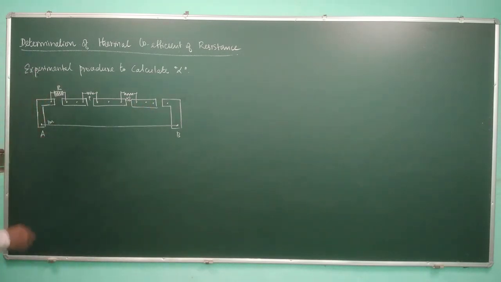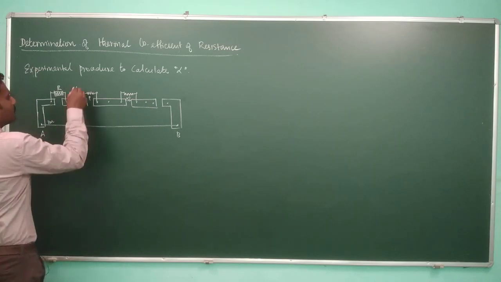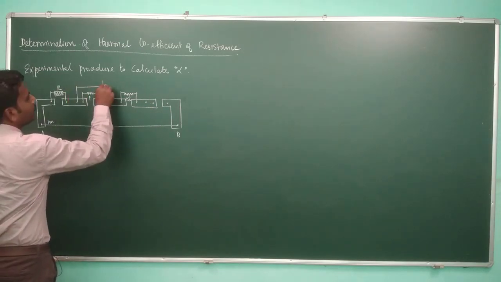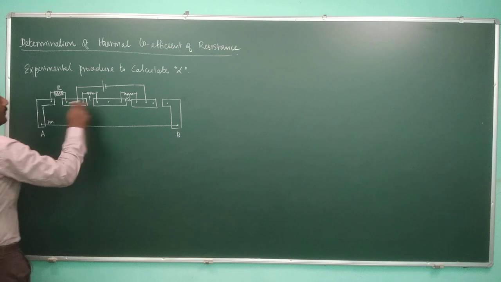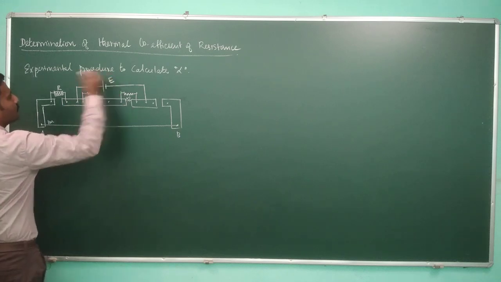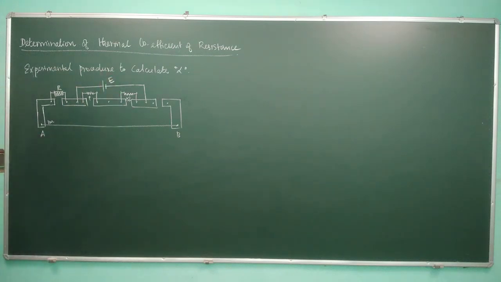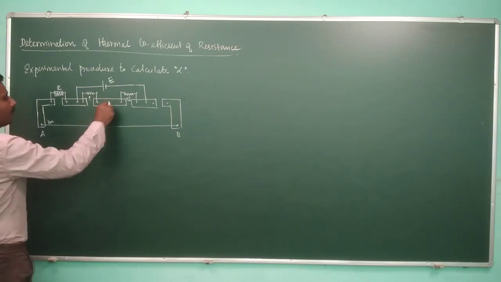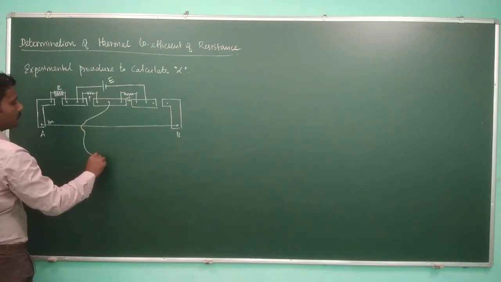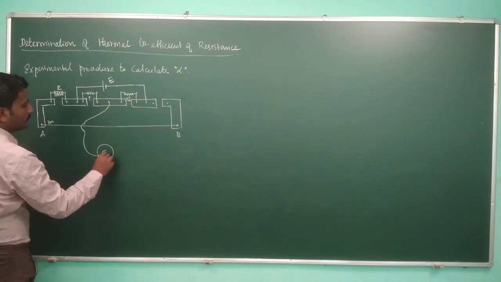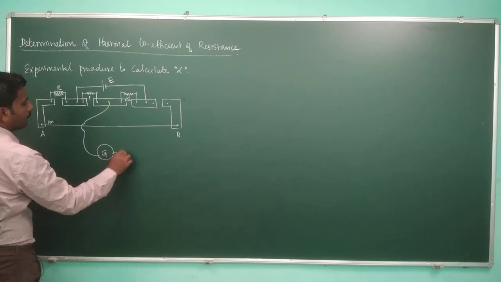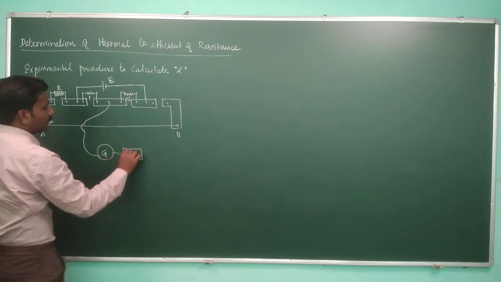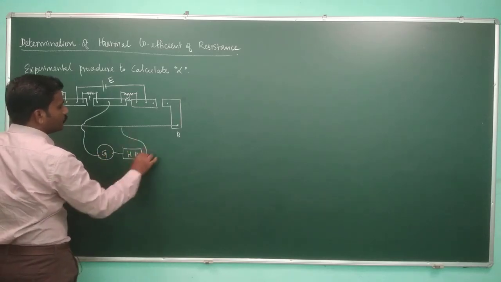Our objective is not to calculate the unknown resistance, rather we need to calculate the thermal coefficient of a given material. We connect a battery with value E, and in the middle we connect a galvanometer through a high resistance to a jockey.